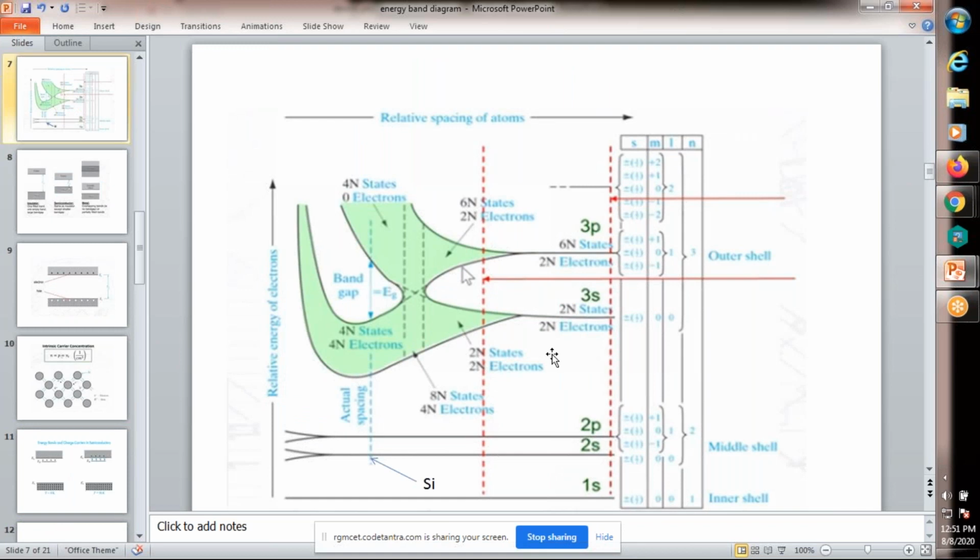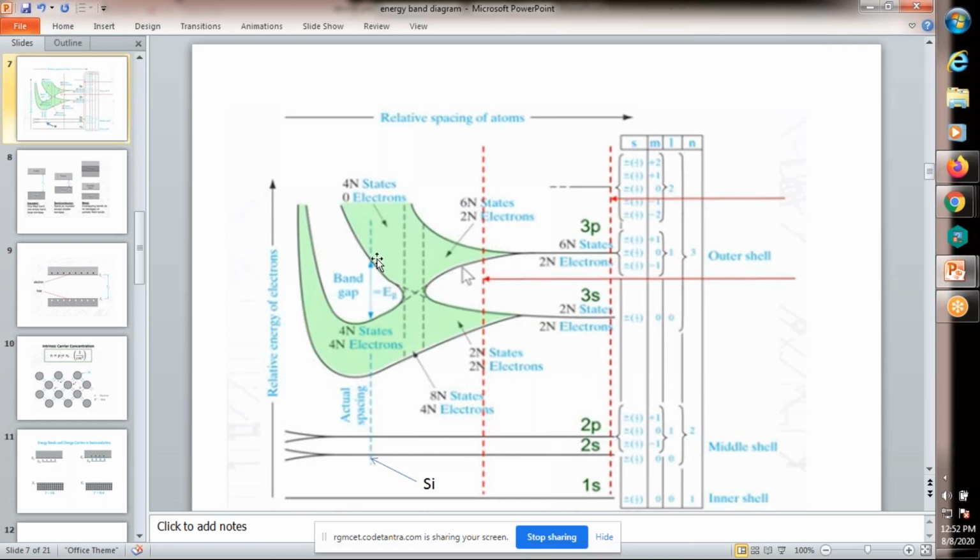In one state energy levels are more, in another state less. Finally the outermost shell, the 3s and 3p, forms one energy band, which splits into two bands separated by an energy band gap: the valence band and the conduction band. For silicon the band gap is 1.1 electron volt.